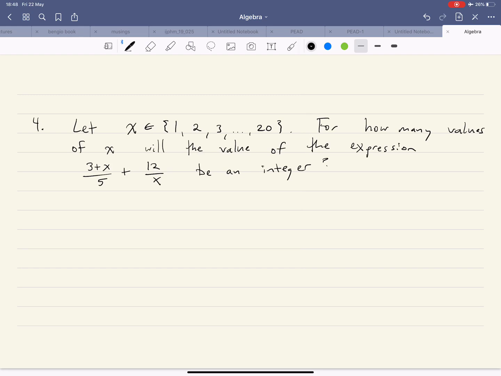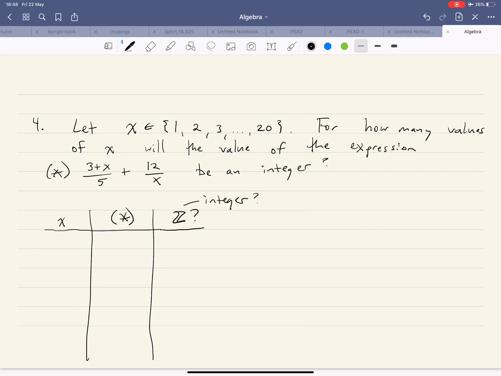So x is my input, and I'm going to have this expression. I'm going to call it star so I don't have to rewrite it. Star, and then I'm going to ask, is this an integer?